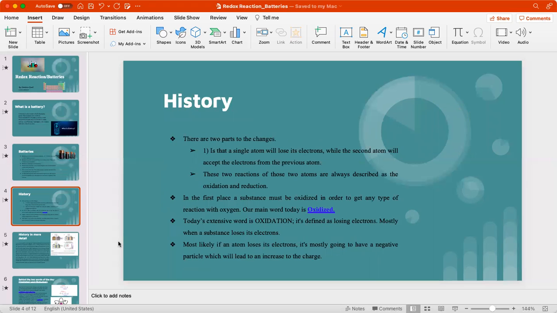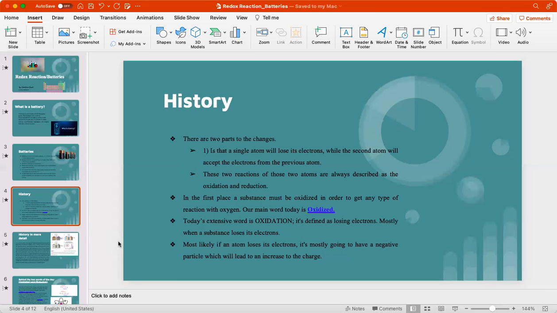This is a background about the history of batteries. There are two types of charges. One is a single atom that loses electrons, while the second atom accepts the electrons from the previous atom. The other is two reactions, which are described as oxidation and reduction.